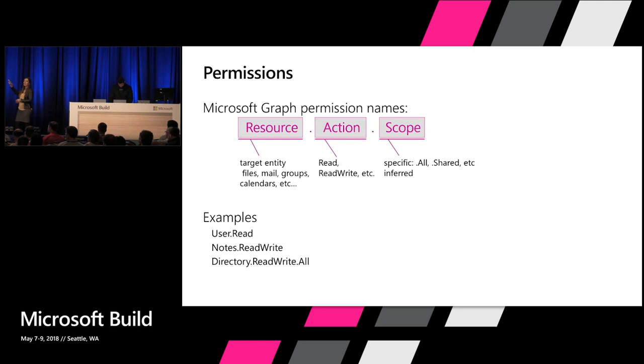The second, the action, is what you want to do with that information. You want to read it. You want to read and write it. You want to create new. Some of them have a create. And the third one is the scope. If there's nothing, it means it's for the user. Files.Read, it's for that particular user.